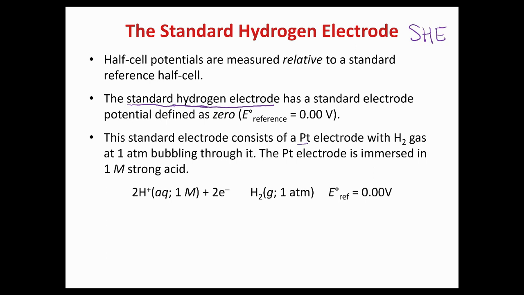Why platinum? Inert, because hydrogen gas is a gas, H plus is an acid, and so you cannot connect wires to those guys, so it needs an inert electrode. The hydrogen ion in that cell is 1 molar, so standard, and the H2 gas is 1 atmosphere. Now, in our lab, we wouldn't be able to use the SHE because hydrogen's flammable, and so this would be very dangerous for us. So we would not have been able to show this to you.